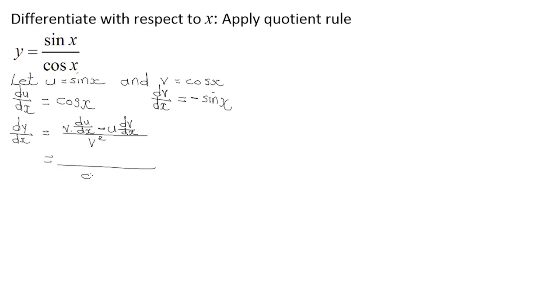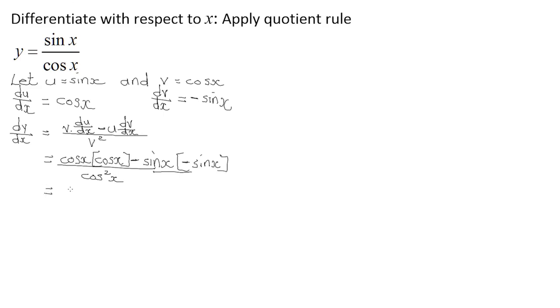v squared, that is cos squared x. cos x, du/dx is equal to another cos x. Minus, just make this line longer, sin x, and then minus sin x, if you substitute directly.